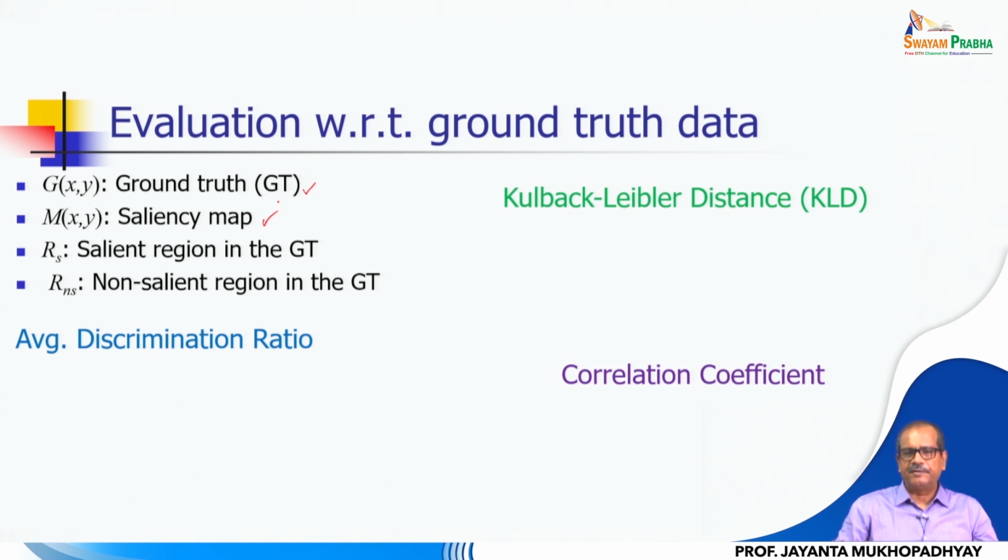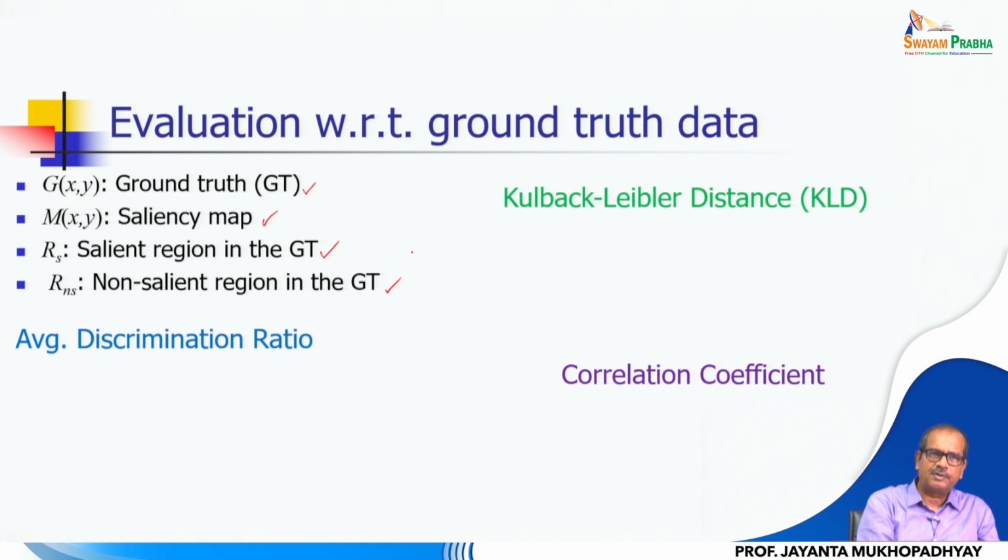We can provide a certain threshold beyond which we declare that a pixel belongs to a salient region, otherwise to a non-salient region. So let us consider the region of salient points in the ground truth that has been identified, and that set is given by RS, and the region of non-salient points in the ground truth is denoted by RNS. So these are the few things for which we require definitions to define different kinds of metrics.